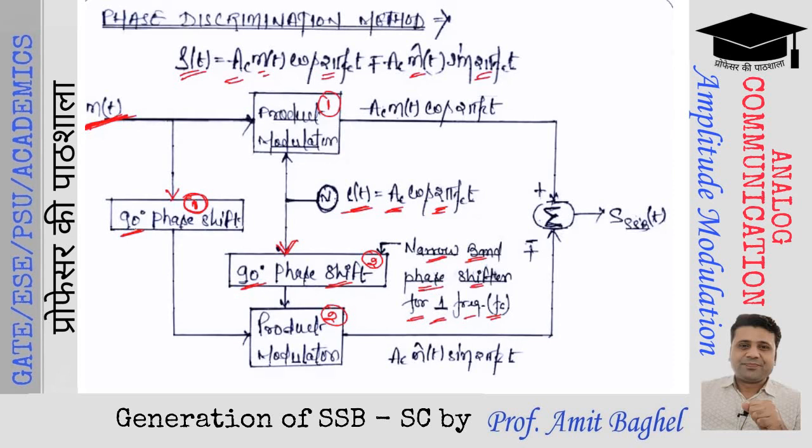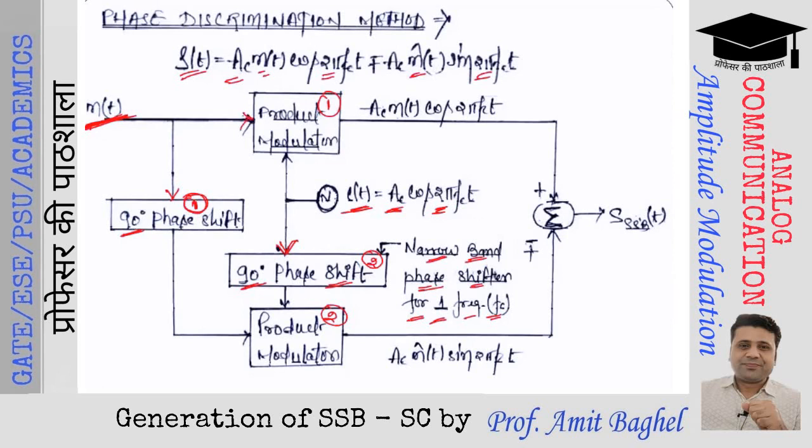So the two 90-degree phase shifters that we are going to apply in the phase discrimination method are completely different in nature. One is a narrow band phase shifter, which is going to shift the single frequency. The other is a wide band phase shifter, which is going to shift the phase by 90 degrees for a multi-tone message signal. And the phase shifter 1, which is a wide band phase shifter, is practically not possible to construct. A wide band phase shifter cannot be constructed practically. Why? We'll see in the later part of the discussion.